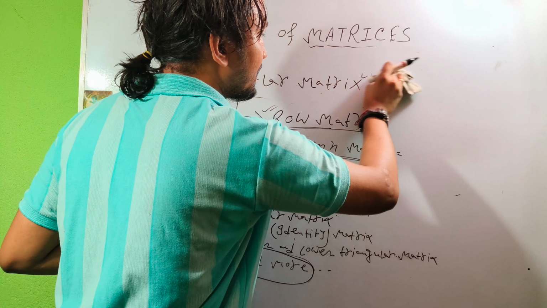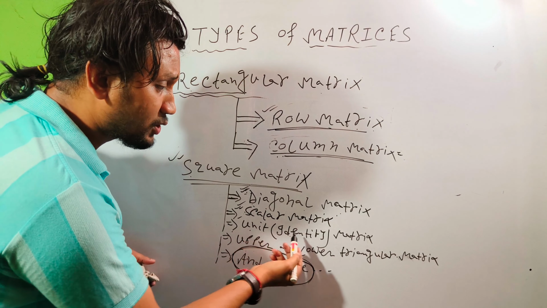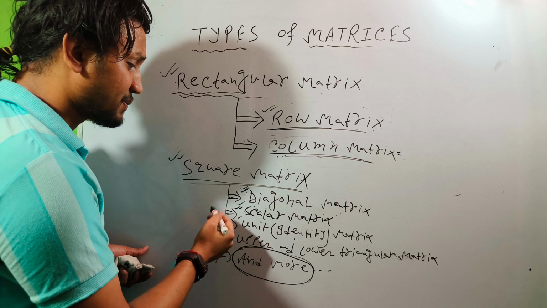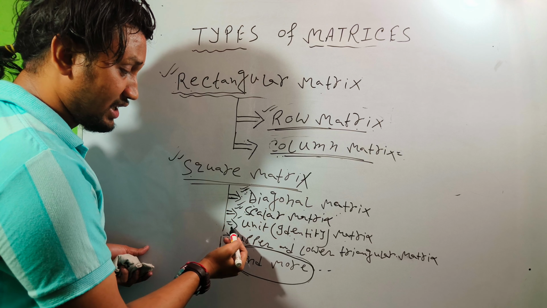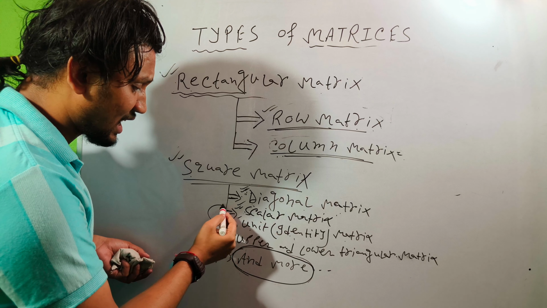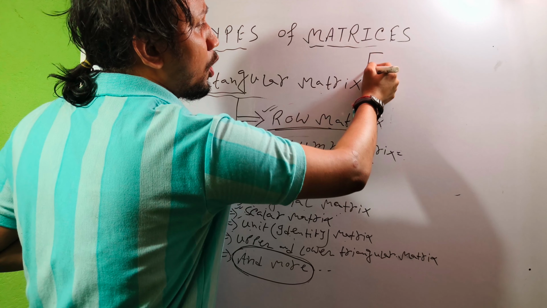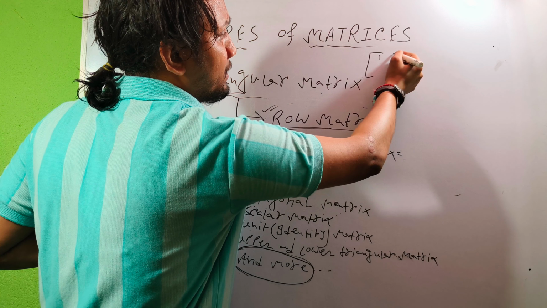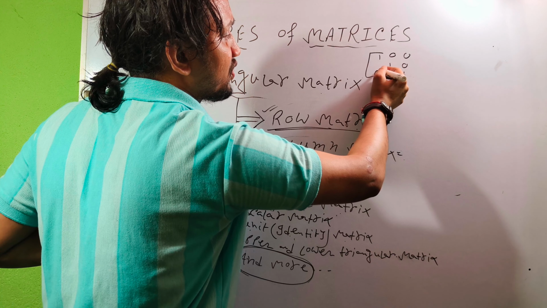Okay, now let's go for unit or identity matrix. Unit or identity matrix is also a special type of diagonal matrix, or you also can say special type of scalar matrix for which all the principal diagonal elements are 1 or unit: 1, 1, 1, 0, 0, 0, 0, 0, 0.